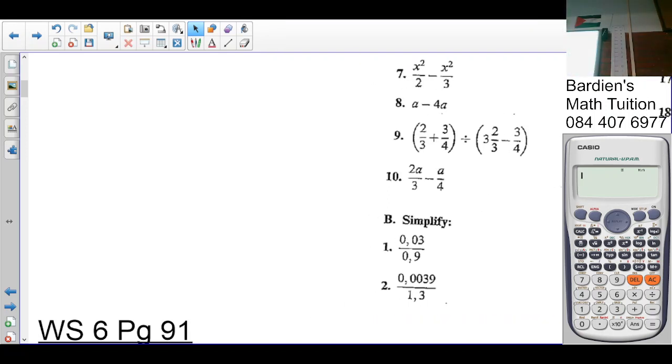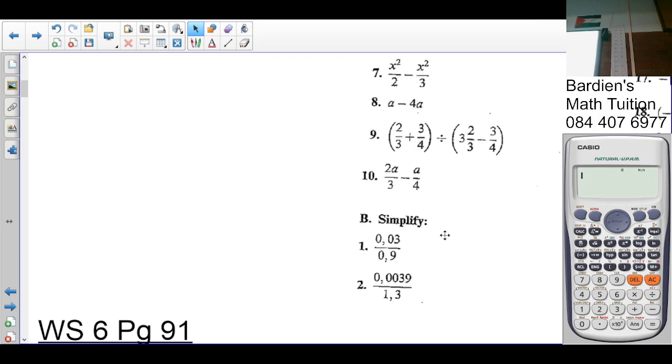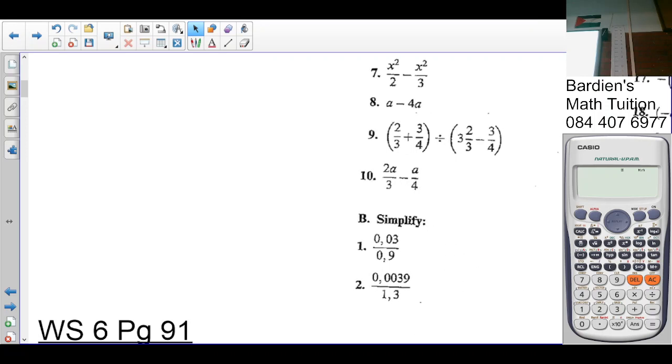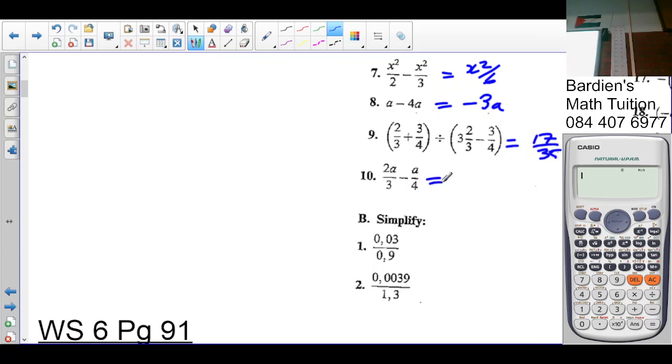So, for number 7, what's your answer to number 7? X squared over 6, correct? Number 8? Negative 3a. Number 9, 17 over 35 is correct. Number 10, 5a over 12.